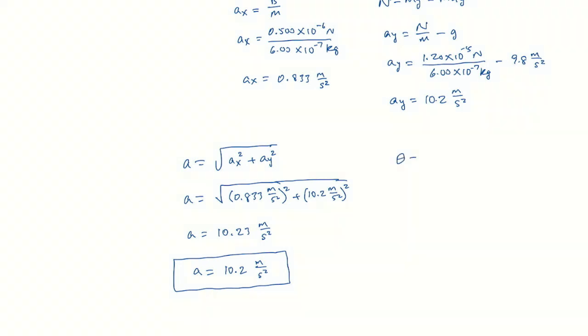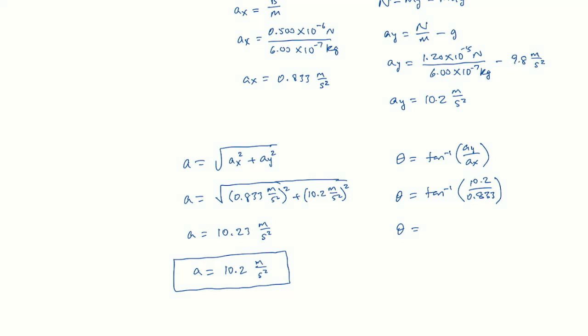All right, the direction is the tan inverse of the y component, so a y divided by the x component, a x. So we've got the tan inverse of 10.2 divided by 0.833. Note, I did not put the units there because they're just going to cancel.